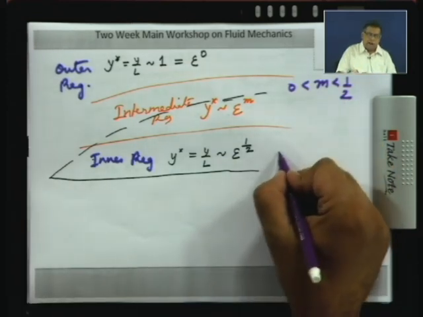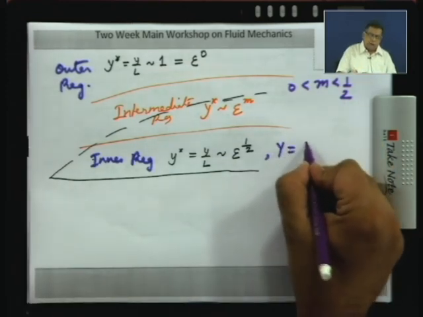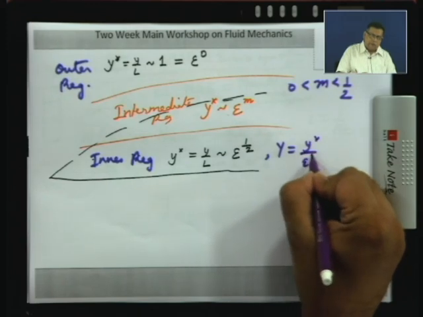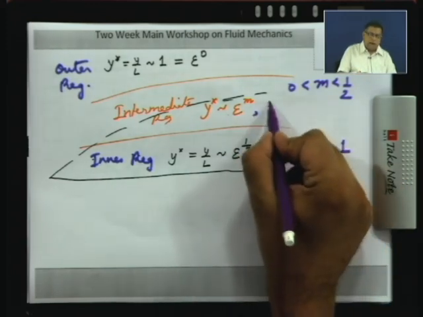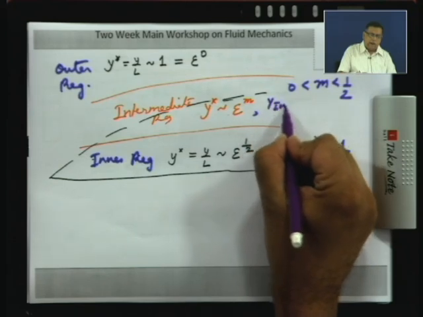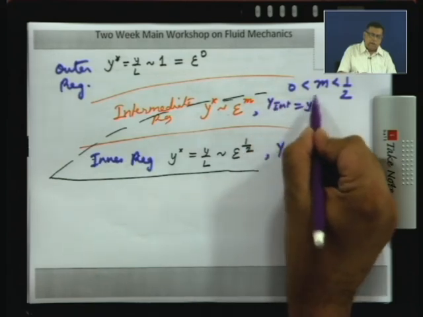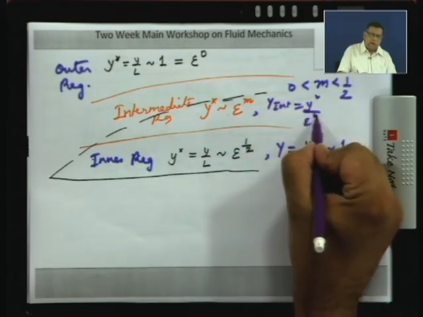So, here we defined an order 1 coordinate which was y star by epsilon to the power half, which is order 1. Here we can define an order 1 coordinate, we will call y intermediate, which is y star by epsilon to the power m.